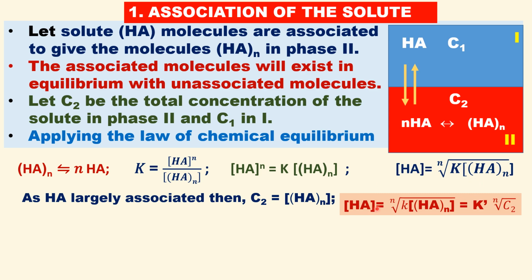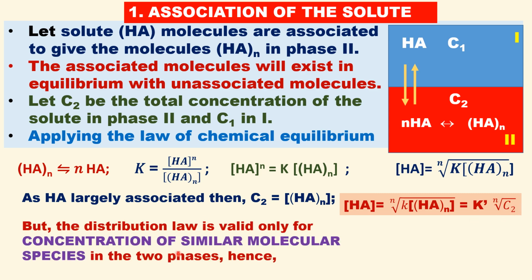So HA equals K prime times nth root of C2. Now the distribution law is valid only for unassociated solute molecules, the molecules in the same state in both the phases.